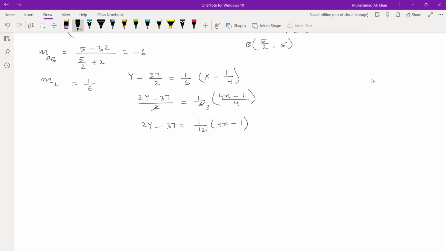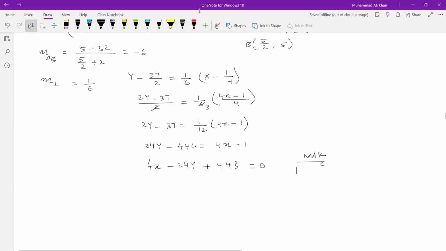Cross multiplication: 24y minus 444 equals 4x minus 1. So the final answer is 4x minus 24y plus 443 equals 0. This is the equation of the perpendicular bisector of AB. Hopefully the question is clear, not a difficult question.